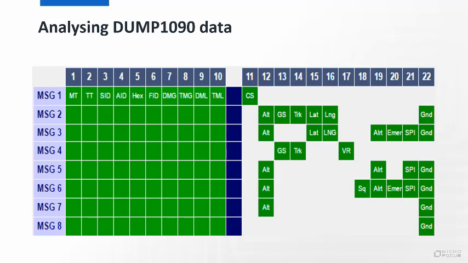With message type 1 providing the call sign, such as BAW 827, a series of other time-stamped messages providing altitude, longitude, latitude, and speed enables us to build up a complete picture of the flight path for each aircraft.